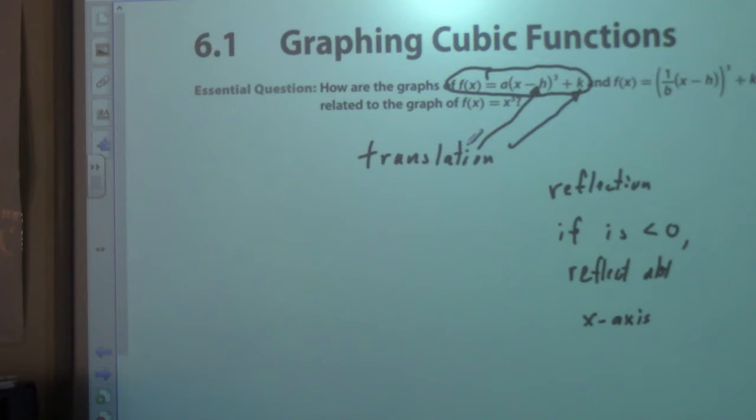She said slope, and then she kind of self-corrected to width and narrowness. So a also controls vertical stretch or compression.